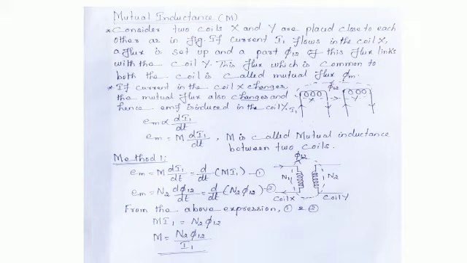Em is equal to N2 d phi 12 by dt equal to d by dt of N2 into phi 12. From the above expression, M I1 is equal to N2 phi 12. From the two equations we can write M equal to N2 phi 12 by I1.